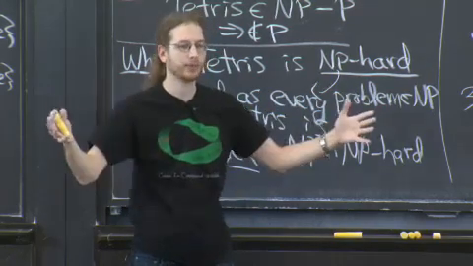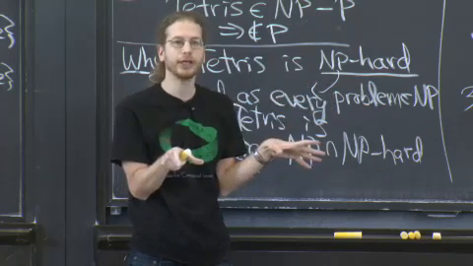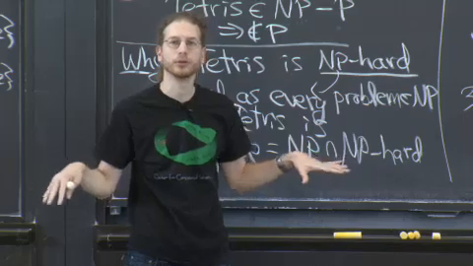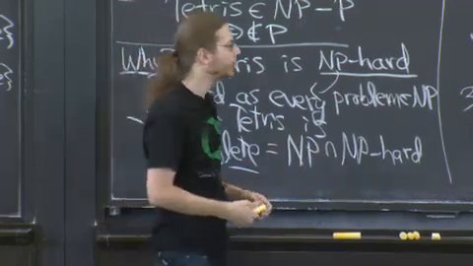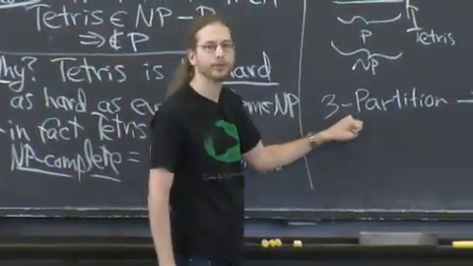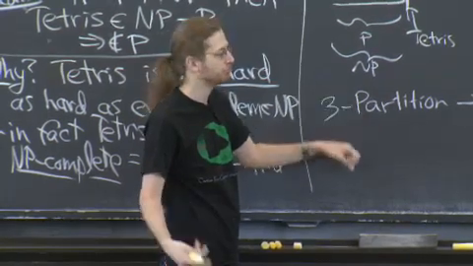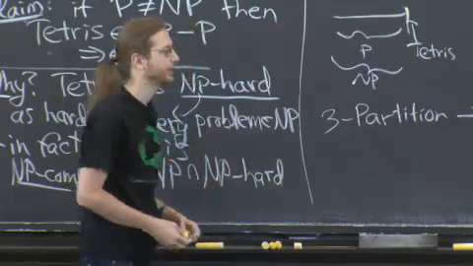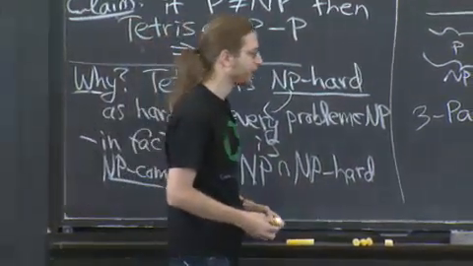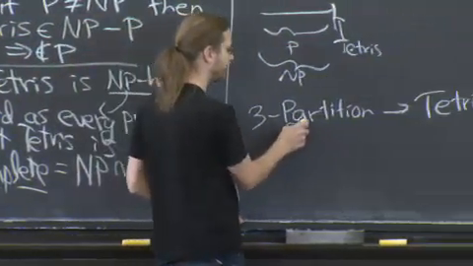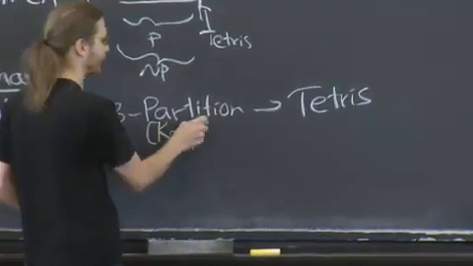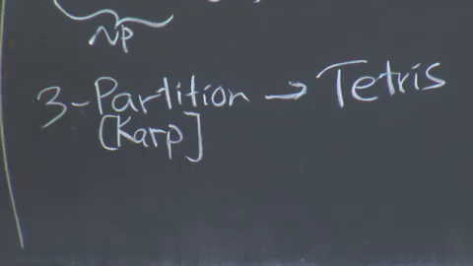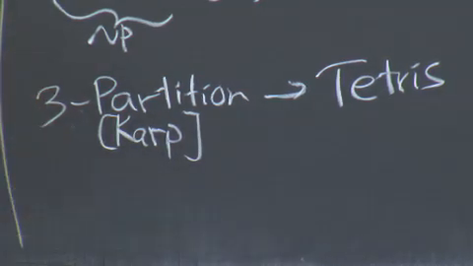So I have n numbers, divide them into n over 3 groups of 3, such that the sum of each of the 3's is equal. Sounds like an easy enough problem, but it's an NP-complete problem. And people knew that since one of the first papers, late 70s, early 80s, by Karp. So Karp already proved, this is standing on the shoulders of giants. Karp proved 3-partition is NP-complete, so I don't need to think about that.